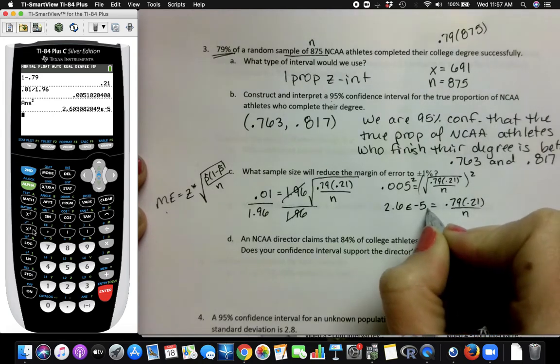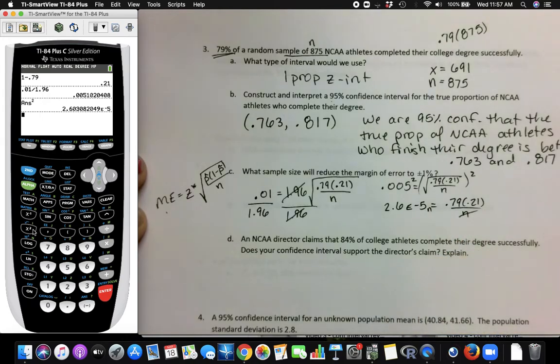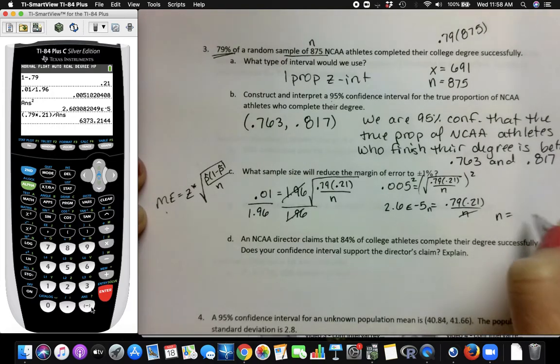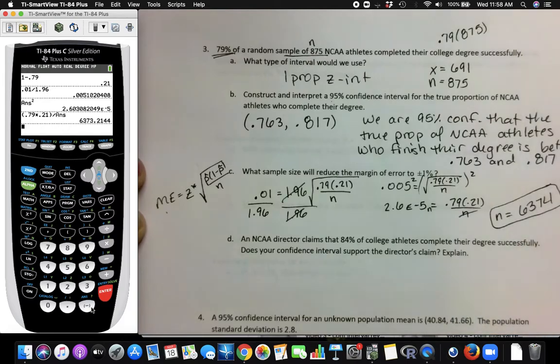I'm going to multiply both sides by n to get that over there. So now what I have to do is 0.79 times 0.21 divided by my answer. Okay, and sample size cannot be a partial person. So I'm going to say n equals 6,374. We always want to round that up.